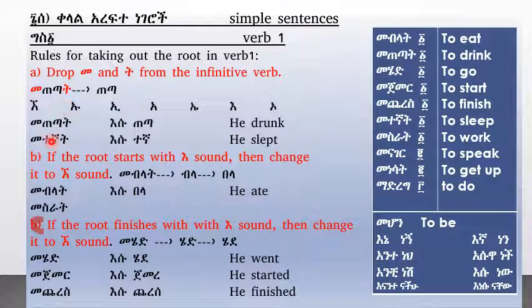But I don't want to say it like that. Drop M, the infinitive sign, remember, and then that is the root verb. But the good thing is that it can also be the past tense, for he drank. Okay, so እሱ ጠጣ.